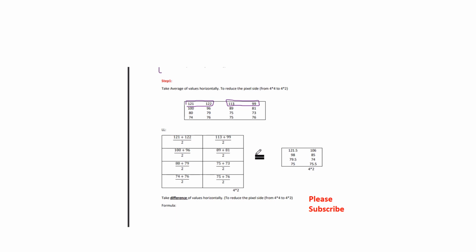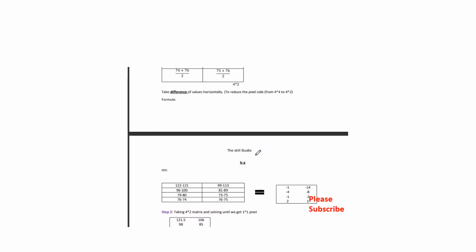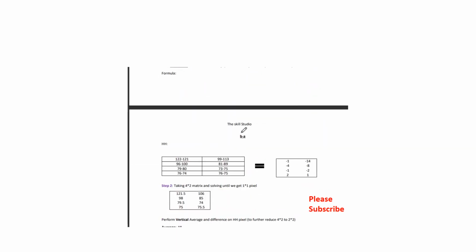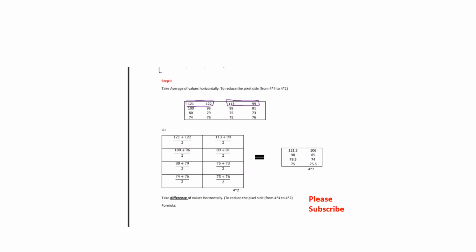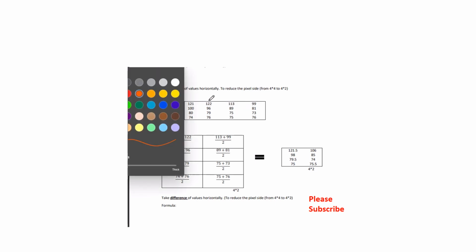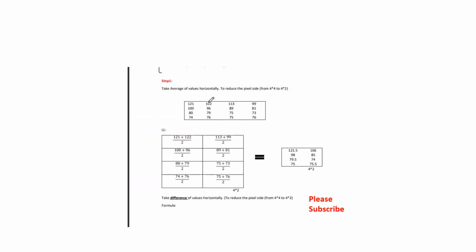Now we need to take the difference of these values horizontally. The formula for the difference is b minus a. This means that if we have these pixel values, we are going to subtract 121 from 122. So this is a, and this is b, right?